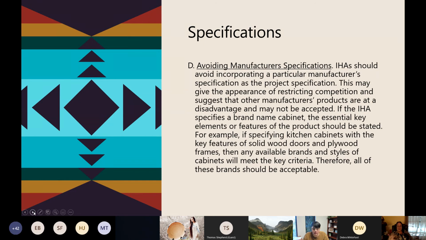If your housing entity specifies a brand name cabinet, the essential key elements or features of that product should be stated. For example, if you're specifying kitchen cabinets with the key features of solid wood doors and plywood frames, then any available brand and styles of cabinets would hopefully meet those key criteria. Therefore, all of the brands would be acceptable.